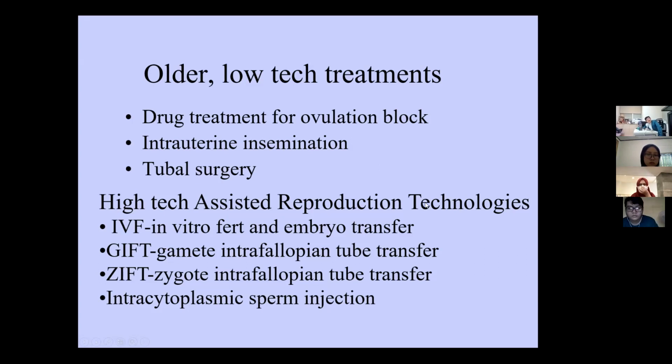reproductive, so-called ART, high-tech, like IVF, in vitro fertilization and embryo transfer, so-called IVF and ET, embryo transfer, and the GIFT, gamete intrafallopian tube transfer. We put the ovum and the sperm, the gamete, in the fallopian tube by surgery.